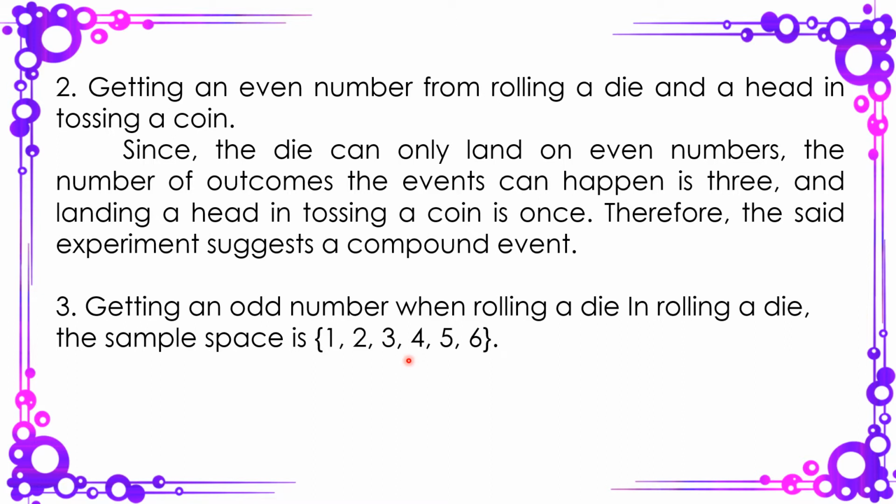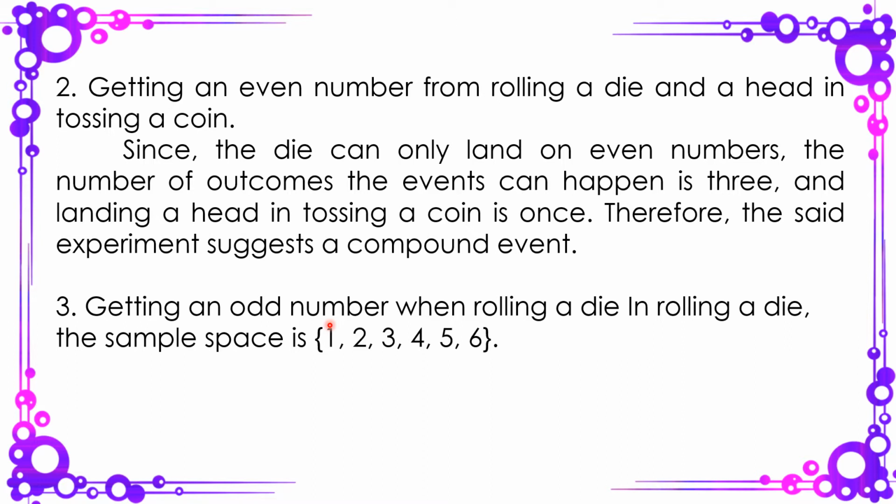So, if we are going to get an odd number, again, getting an odd number when rolling a die, we have here the possible outcomes of 1, 3, and 5. So we have here the results or the sample space of more than 1. We have 1, 3, and 5. These are the odd numbers or the possible outcomes when we are going to roll a die.